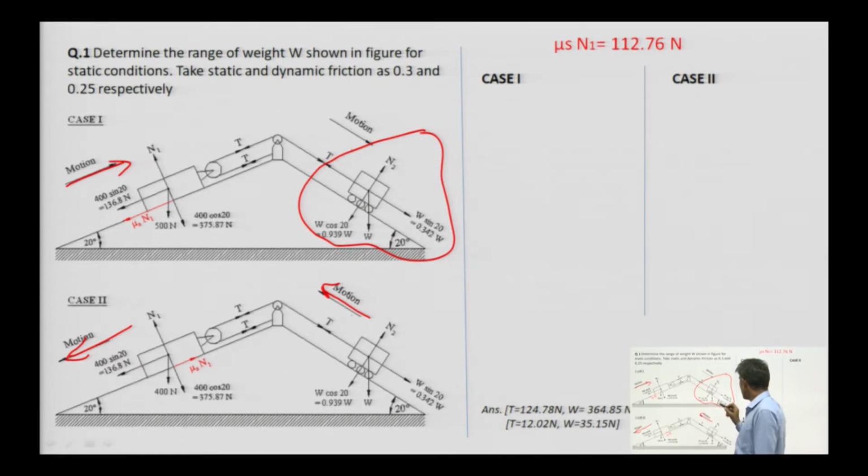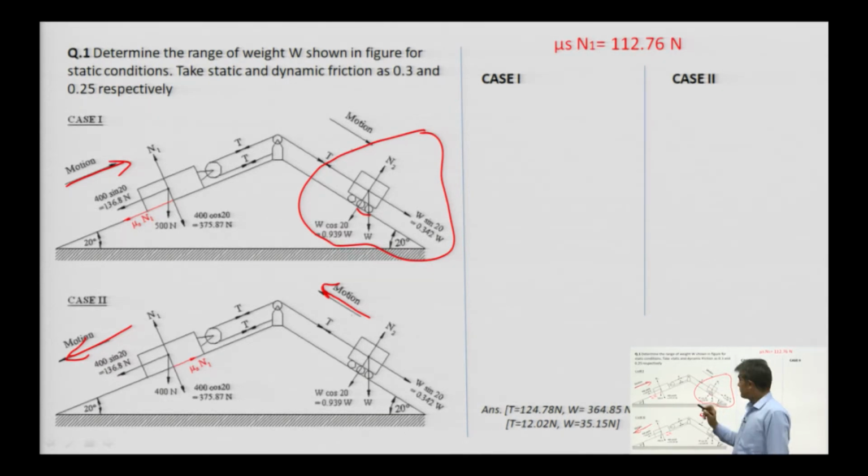Why W sin 20? Because it is inclined at 20 degrees, so this angle will be 20 degrees. That is why it is W sin 20, which is 0.342 W. In the perpendicular direction it is W cos 20, which is 0.939 W.